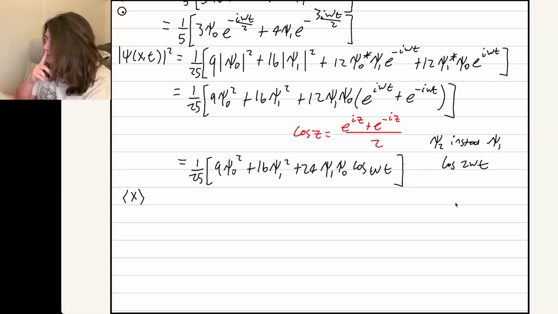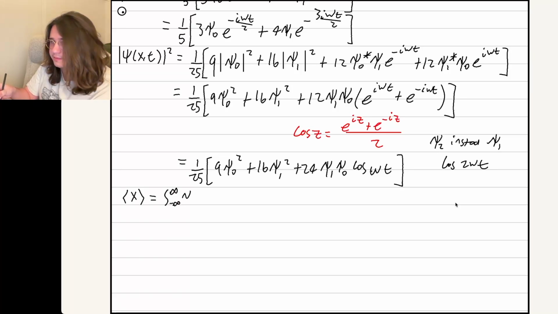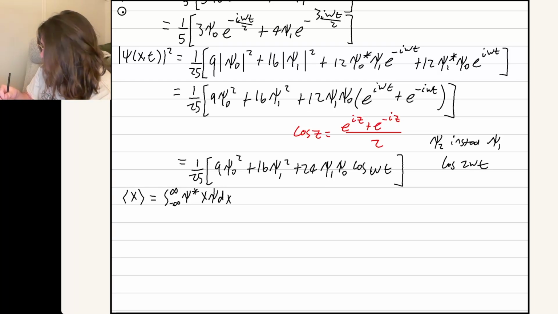The calculation of this isn't going to be all that different from what we just did, because it's just going to be the integral over all space of psi star x psi dx. Write out all the terms before I do anything with it.